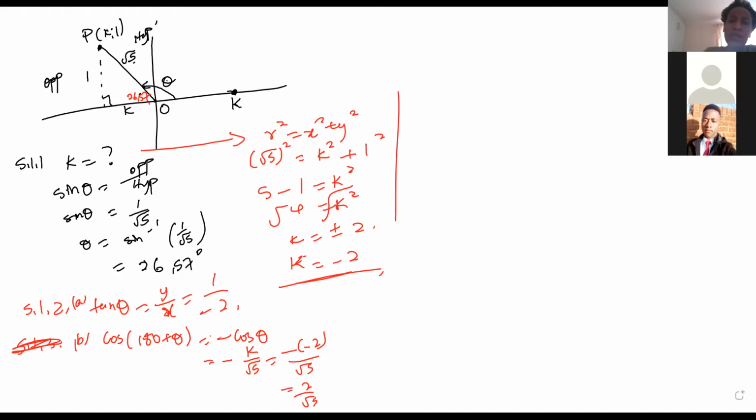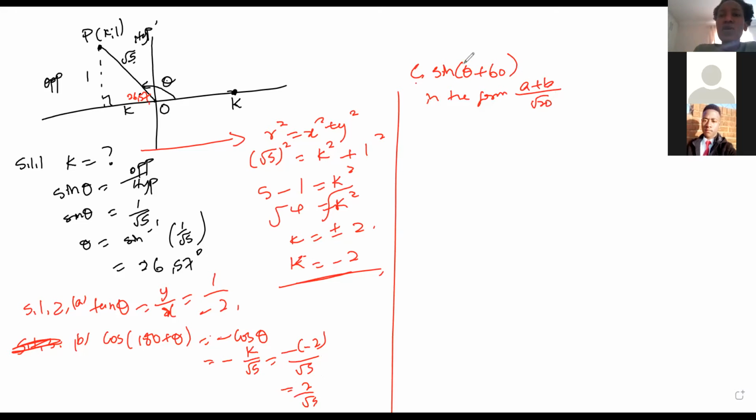Okay. Then number C, get the value of sine(theta plus 60) in the form of (A plus B root 3) over root 20.